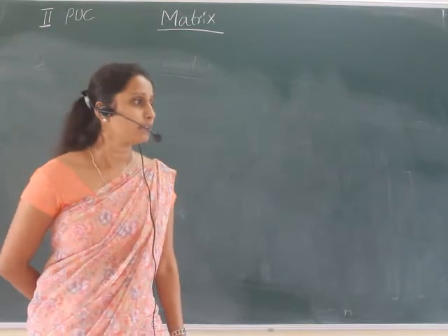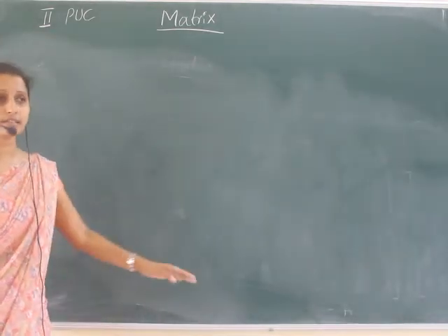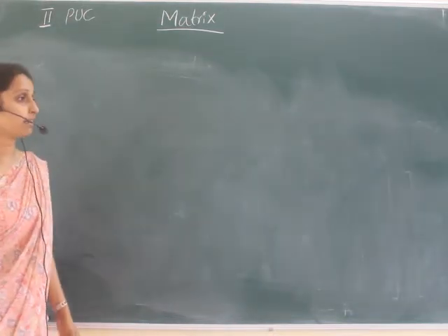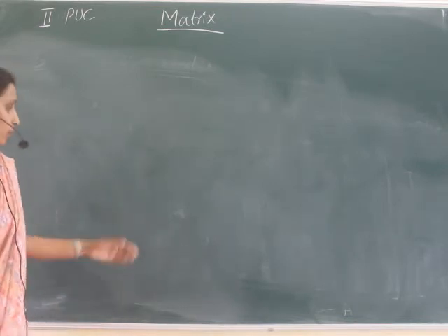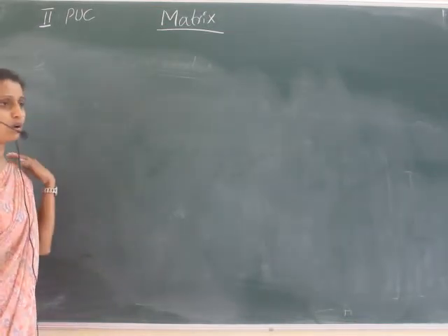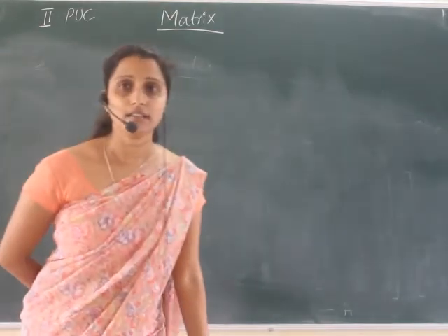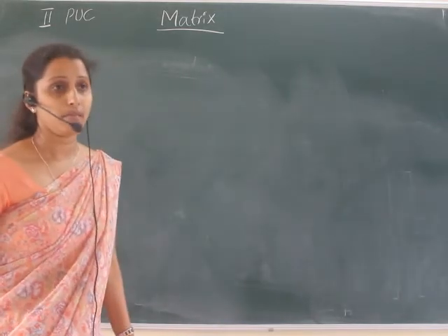If a skew symmetric matrix is asked, it is enough to write: a square matrix A is said to be a skew symmetric matrix if A transpose is equal to minus A. No need to write that the diagonal elements are zeros and all. You should tell the definition like that. So this is about symmetric and skew symmetric matrix.